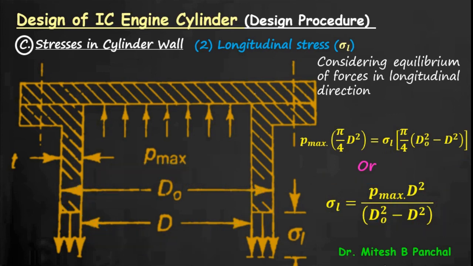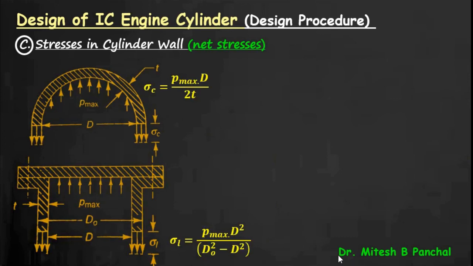So here we have estimated the two apparent stresses: the circumferential stress or hoop stress, sigma C equal to P max into D divided by 2T, while the longitudinal stress sigma L equal to P max into D square divided by (Do square minus D square).